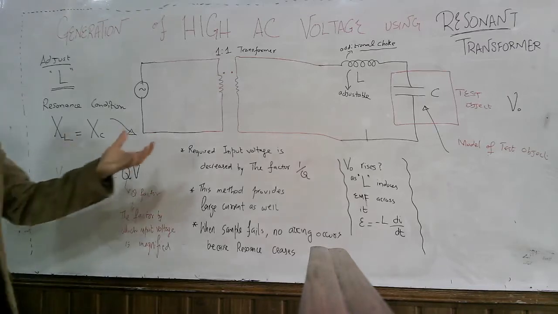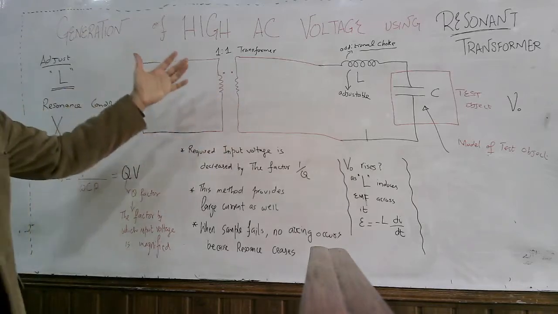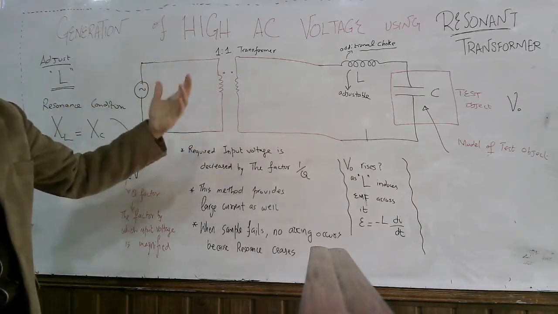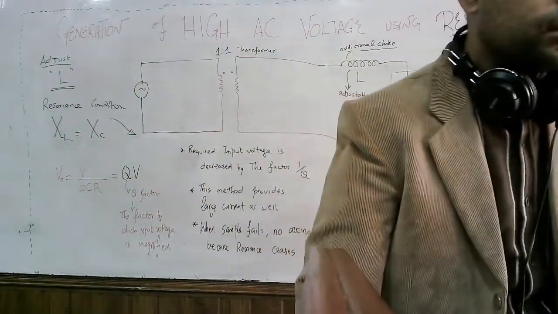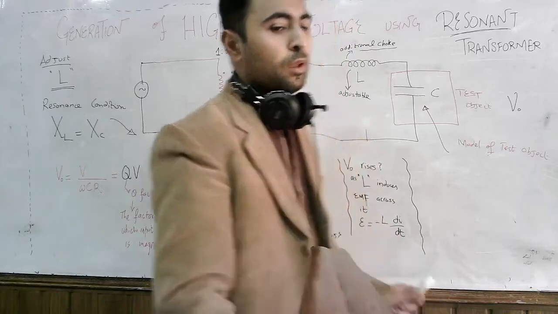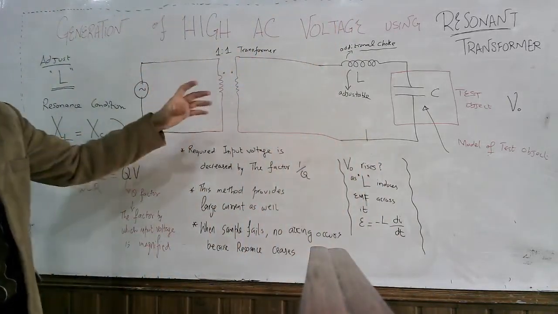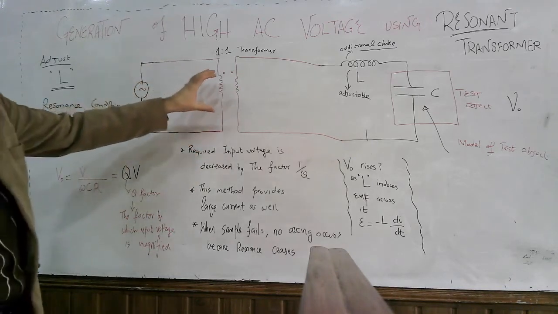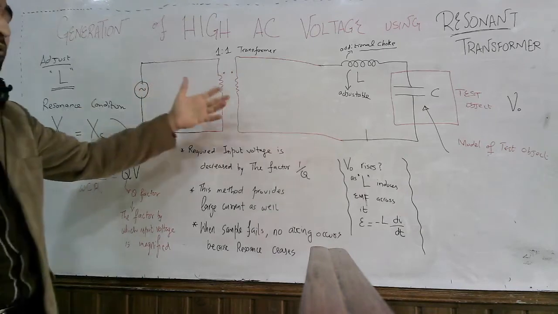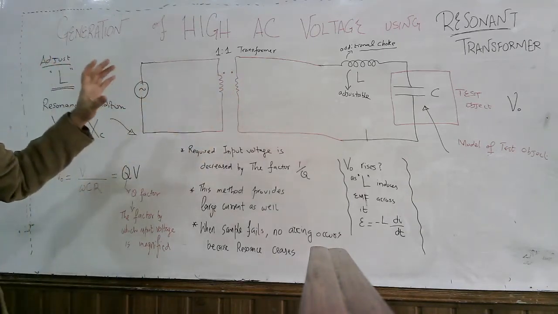In the circuit you can see that we have a 1:1 transformer, because the transformer which we are using here is not meant to step up the voltage; its purpose is to play its role in the resonance.